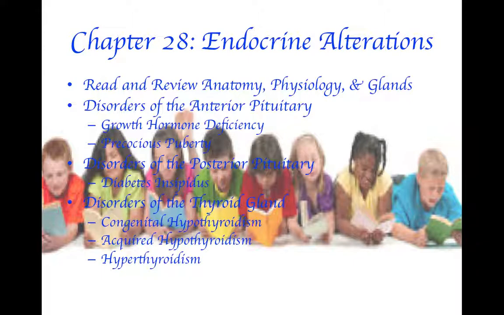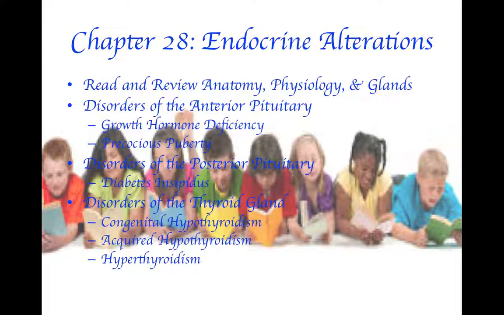Treatment involves replacing the thyroid hormones with L-thyroxine with a dosage based on the weight of the child and severity of the hypothyroidism. I want you to look at the box in your text on page 994, box 28-2, which goes over the clinical manifestations of acquired hypothyroidism.